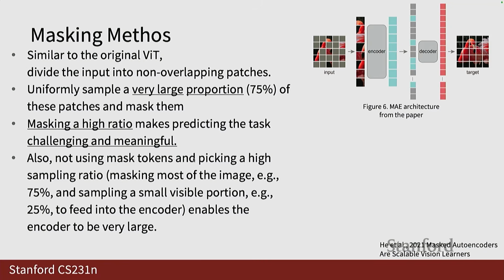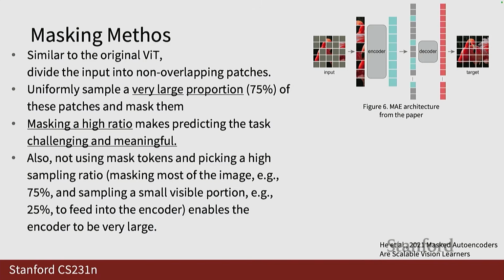They use a high masking ratio, and this makes the prediction task very challenging, and challenging in the set of pretext tasks in self-supervised learning means the task is meaningful. The task is very good because the model has to learn good features to be able to reconstruct it.